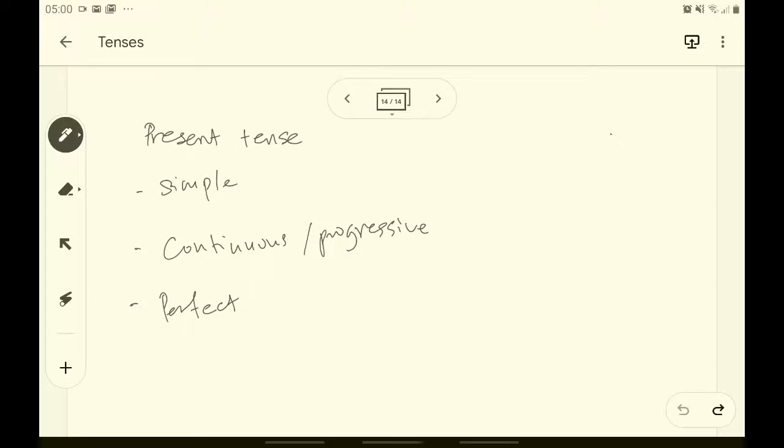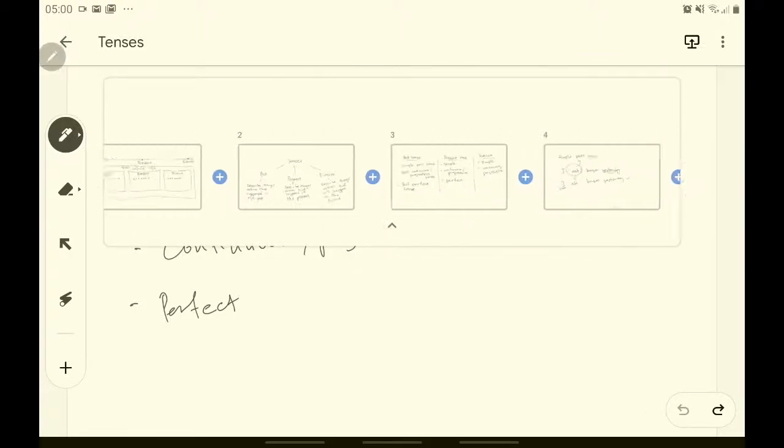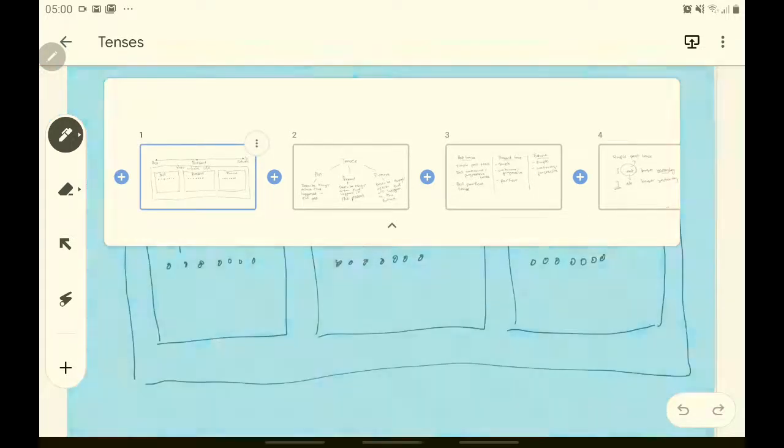happen in the present, but if we look back at the diagram of time, let me just show you here.